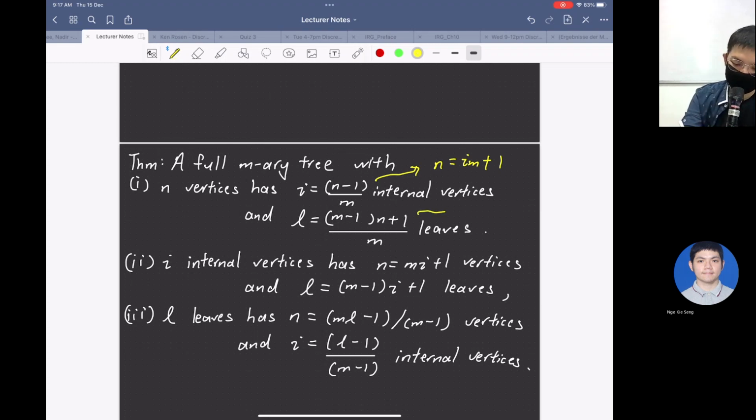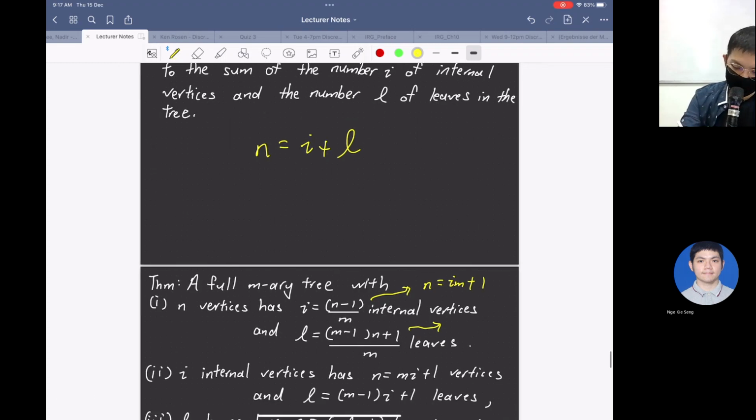n equals i m plus 1, right? Just now we had this formula. And how to get this one? This one just combines what we said just now: n equals i plus l. And then to find l, you just take n minus i, and i is this fraction here. So n minus this fraction, you get this after some factorization. Do you agree?